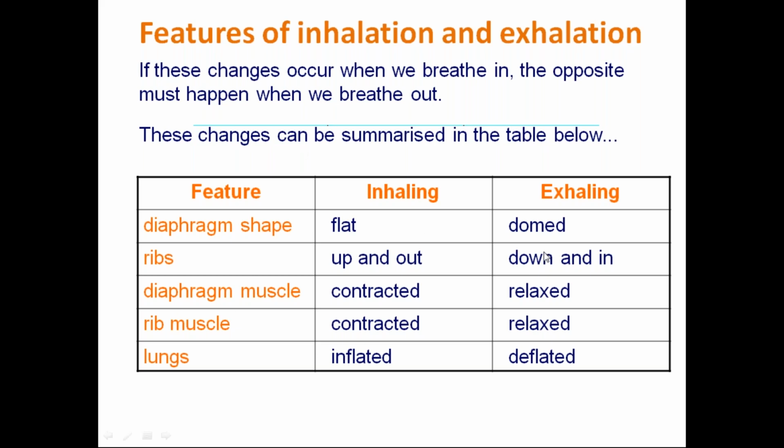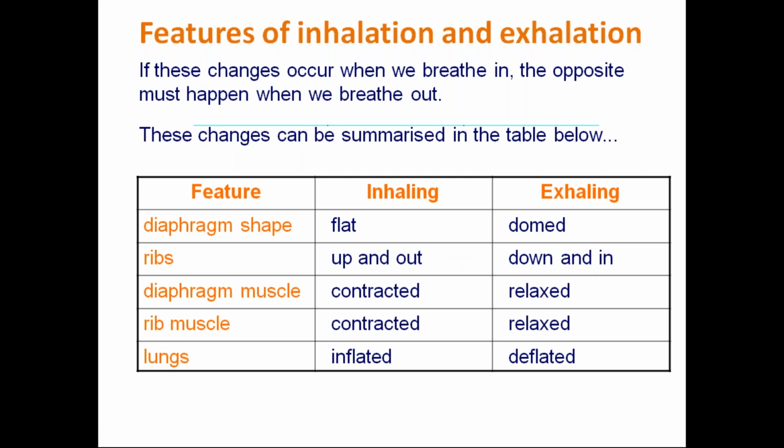So this table over here describes and summarizes what's happening in inhalation and exhalation. You need to know what's happening to the diaphragm. Is it becoming flat? Is it becoming dome shaped? Are the ribs going up or down, in or out?